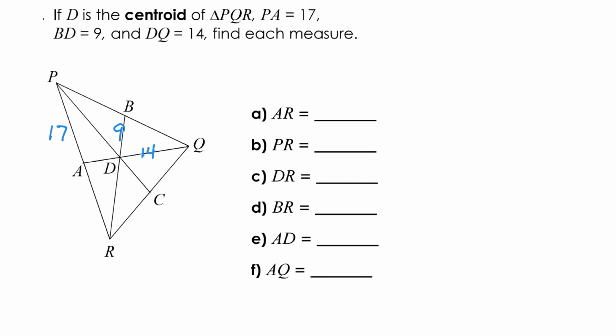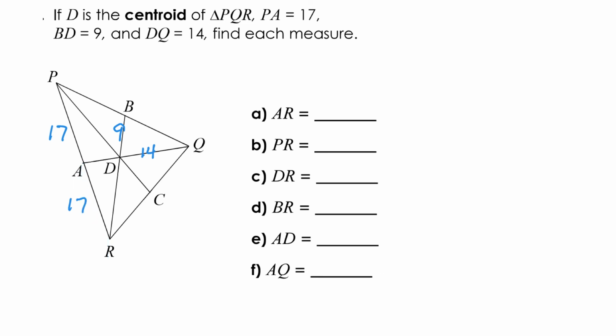Remember the definition of the centroid. If D is the centroid, then this median right here has a midpoint and a vertex. The centroid is the intersection of the medians. So if A is the midpoint, then we would have this length to be 17 and this length to also be 17.